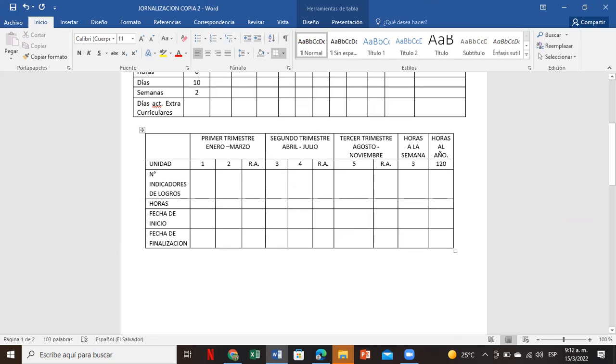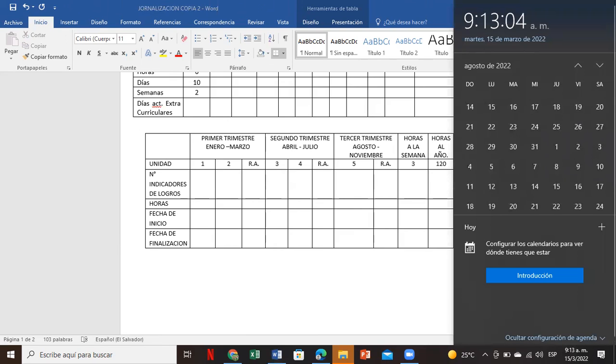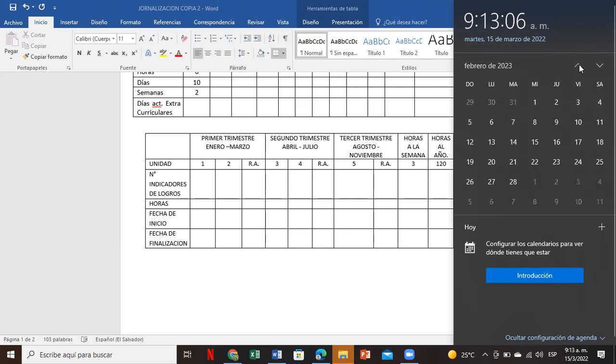But in real life, supposedly we are going to journalize January. If you see, me voy a ir aquí al 2023. Esos números no concuerdan. Okay, January 23. We are going to start on Monday 16, and maybe you are going to take into account for unit number 1 from Monday 16 to maybe Friday 3rd.